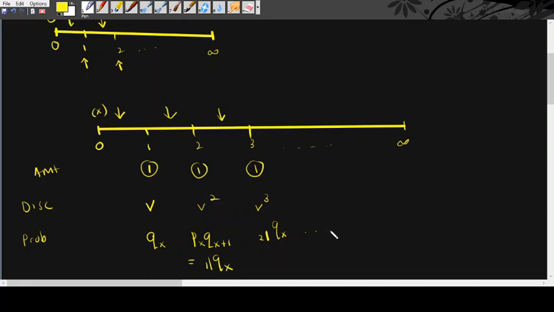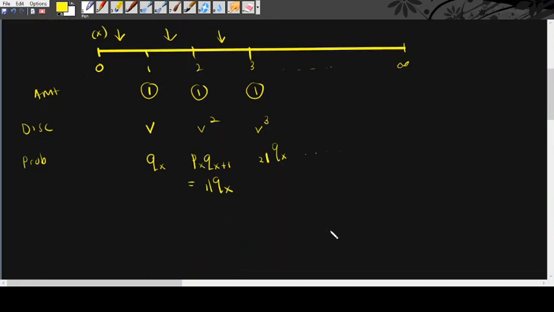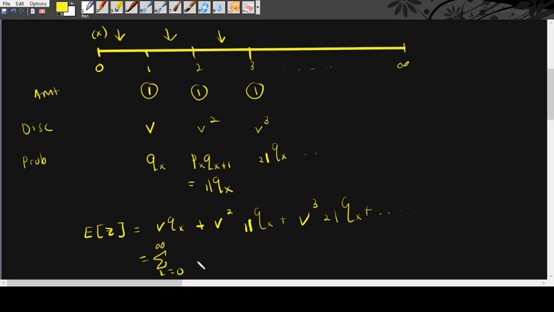It will continue forever. So the expected value of z equals this plus this plus this. You're going to have v q_x plus v squared 1 given q_x plus v cubed 2 given q_x and so on, which is also equal to the summation from k equals 0 up until infinity of v to the power of k plus 1 times k given q_x.